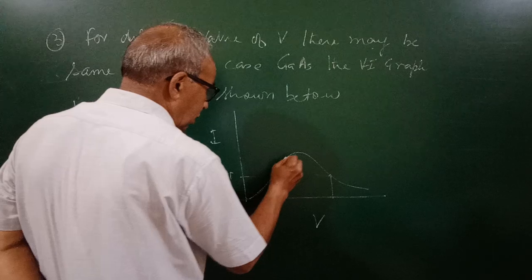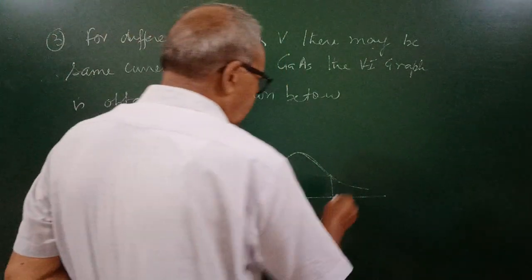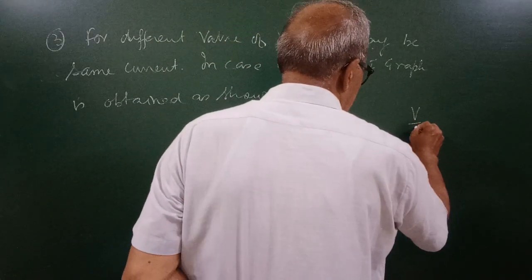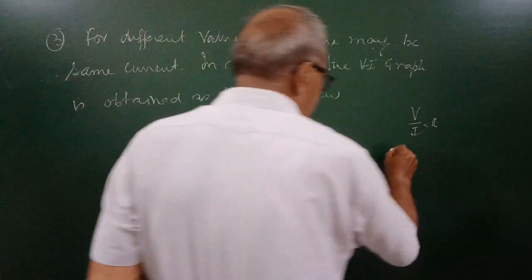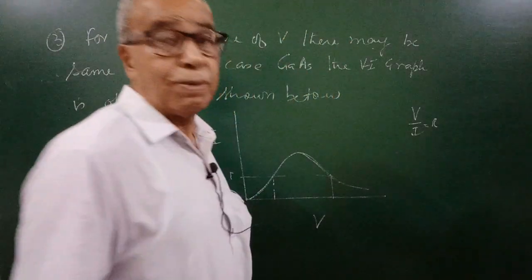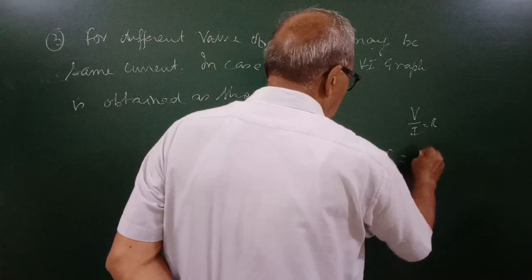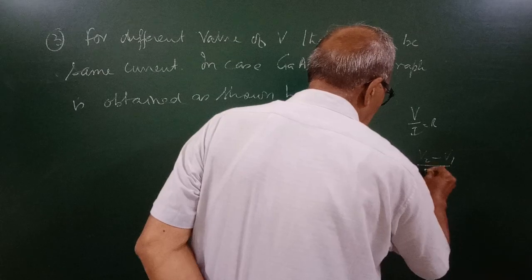Actually, V upon I is R, and basically this is called dynamic resistance, which keeps changing. Dynamic means, how will R be calculated here? V2 minus V1 upon I2 minus I1.